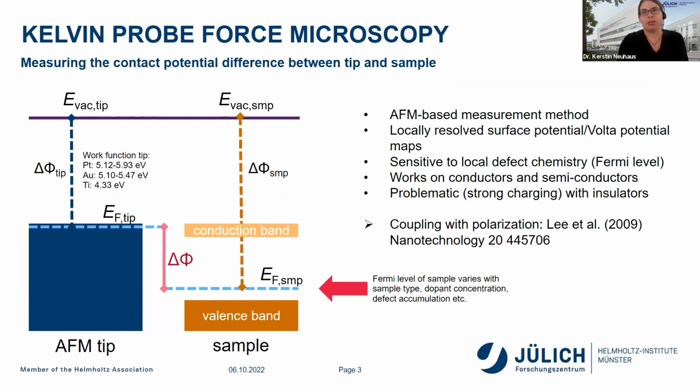So we already heard some very nice contributions on KPFM. So I do not need to get into detail on this technique, but what we are basically doing is measuring the contact potential difference between the metal-coated tip and our sample, and the contact potential difference is directly related to the Fermi level of the sample, which is in turn dependent on the local defect chemistry of the sample.